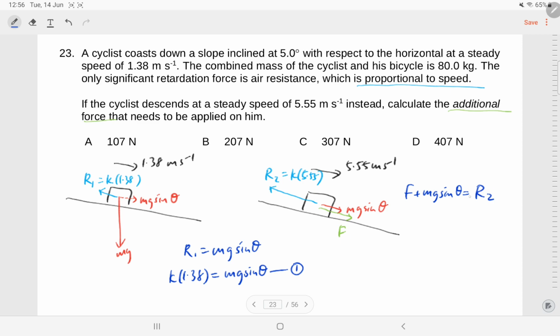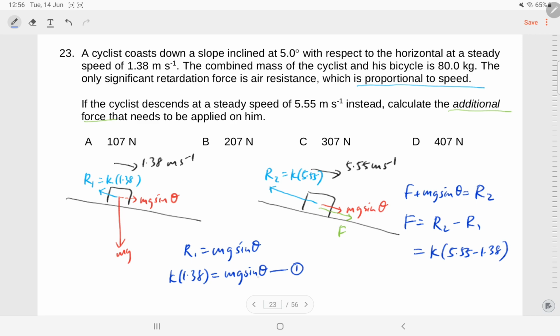We can actually substitute the things in already, because from here we know F is equal to R2 minus R1, which is equal to K times (5.55 minus 1.38).